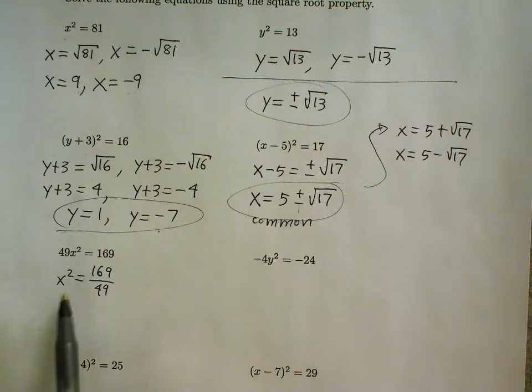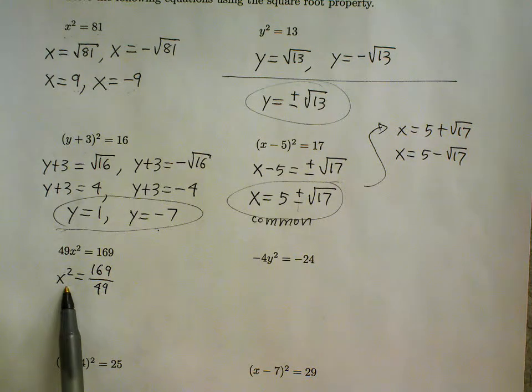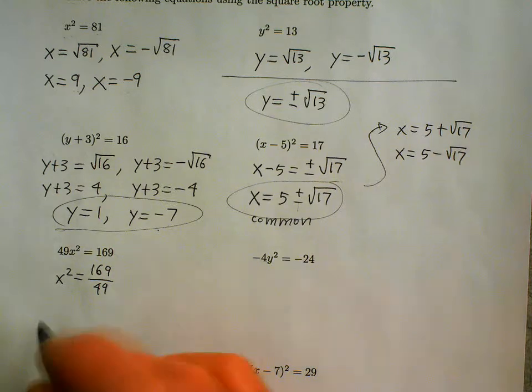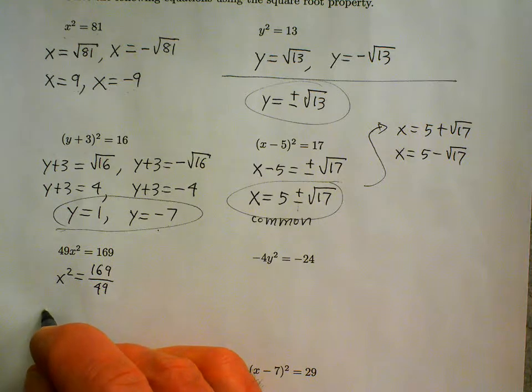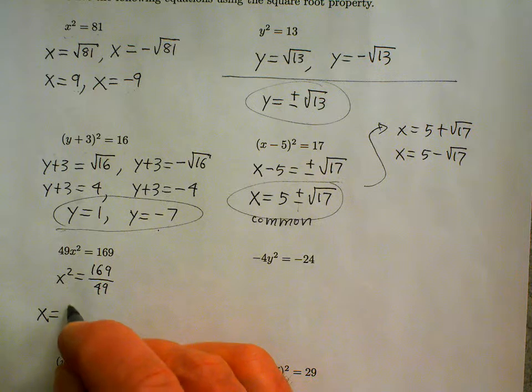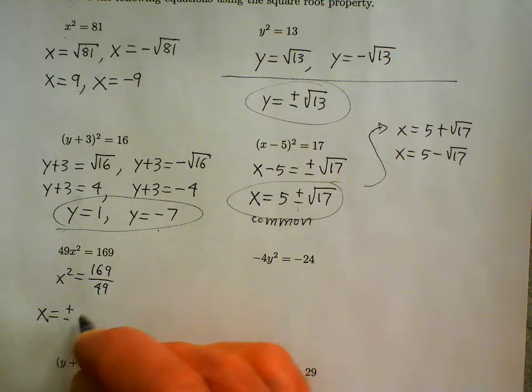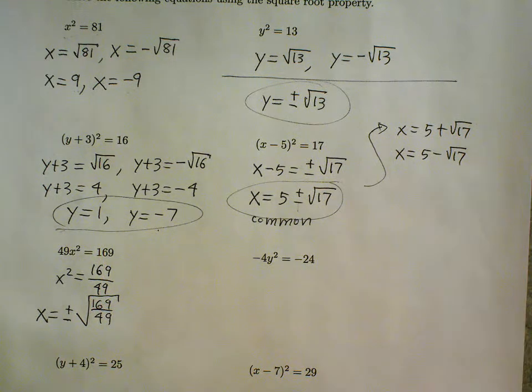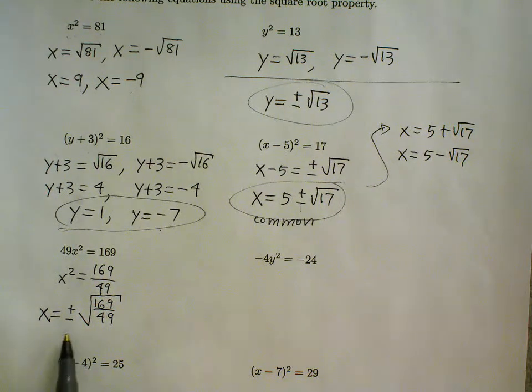Okay, then apply the square root property. If x squared equals 169 over 49, we can write x equals positive and negative square root of 169 over 49. Okay, this is one way to write the two solutions at the same time.